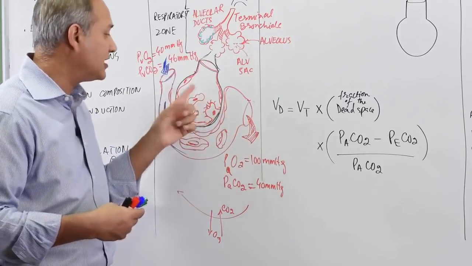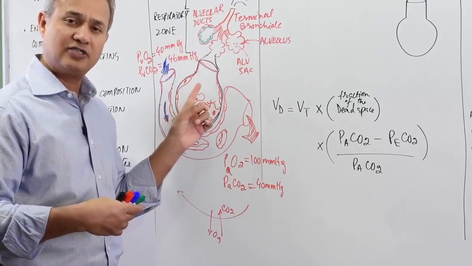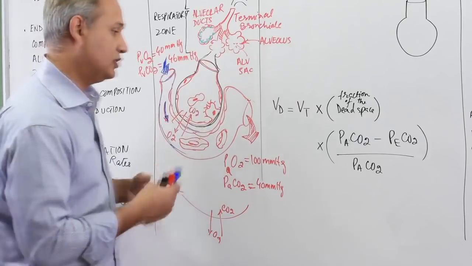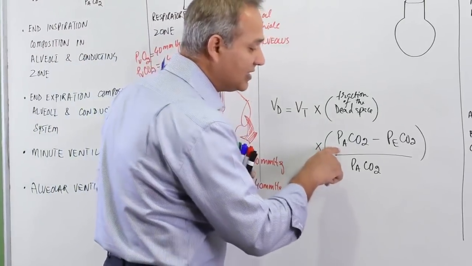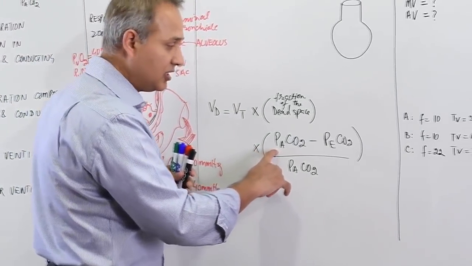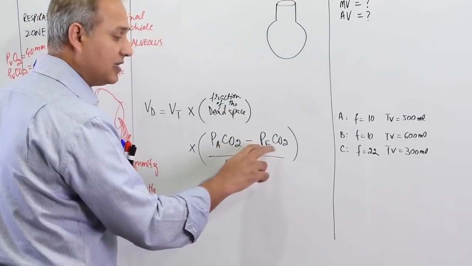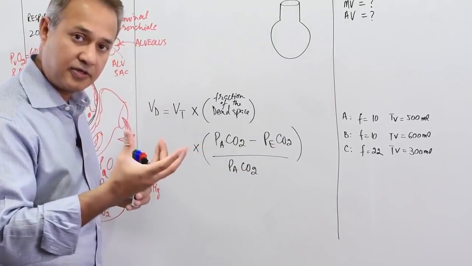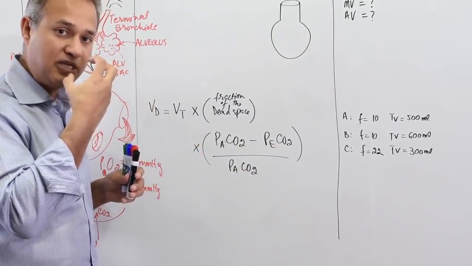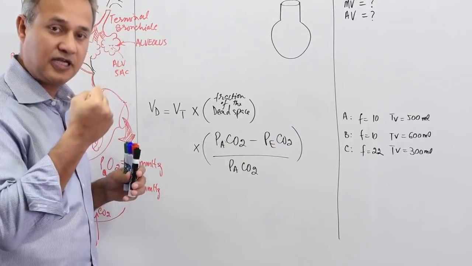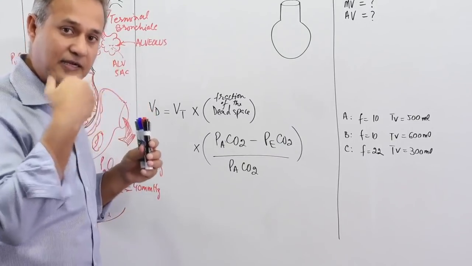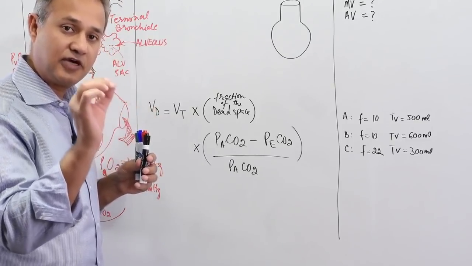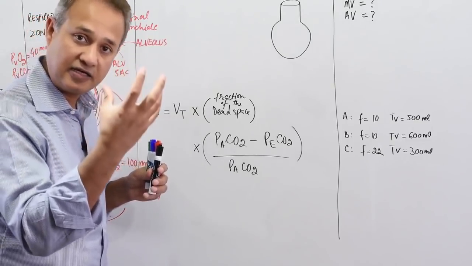If you are curious what the alveolar carbon dioxide pressure is, you can look at the venous pressure, or vice versa. So here we take the carbon dioxide pressure, we subtract the pressure in the expelled air. That is, you collect the gases coming out with the expiration, and you see the percentage or pressure of the carbon dioxide in that.